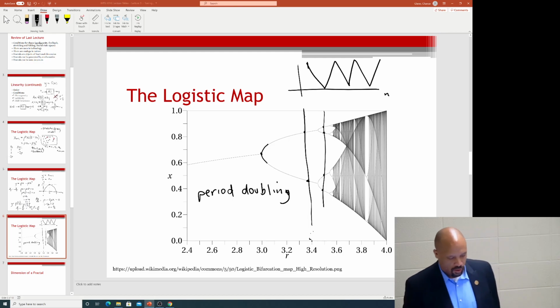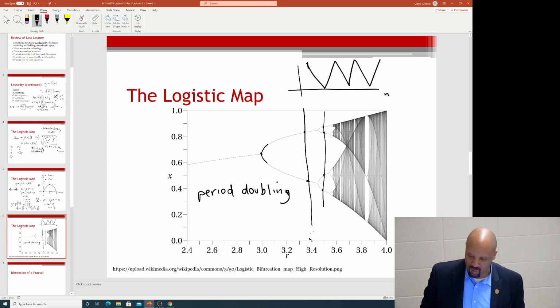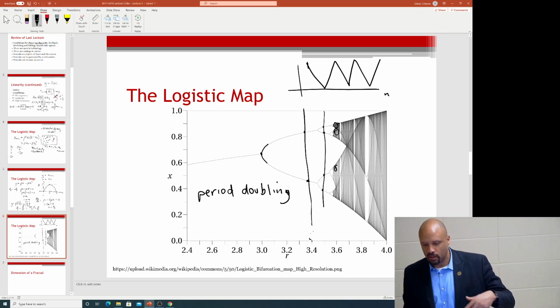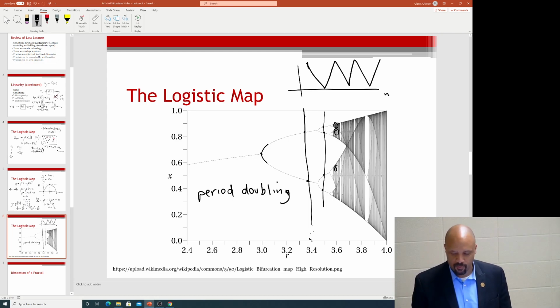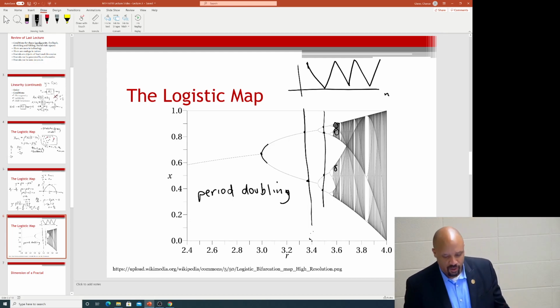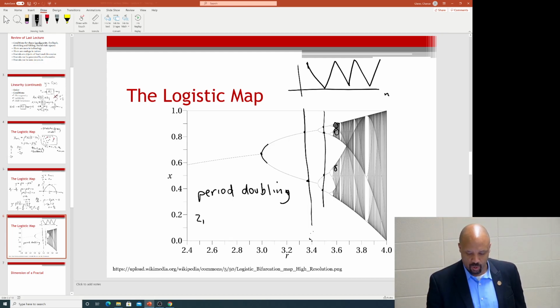And this ultimately leads to chaos, and the chaos, quote unquote, is what these really highly dense areas are, because it's not fixed. It doesn't just jump from 16 to a million. It's all over the place. And how do you know that this is not just a continuous doubling of 2, 4, 8, 16, 32, 64, and so on?